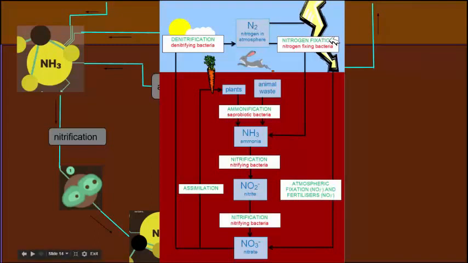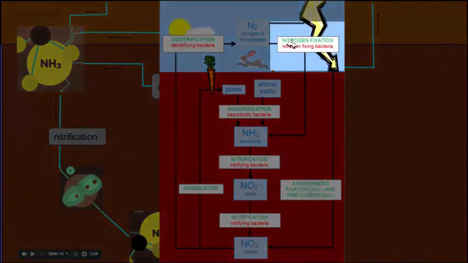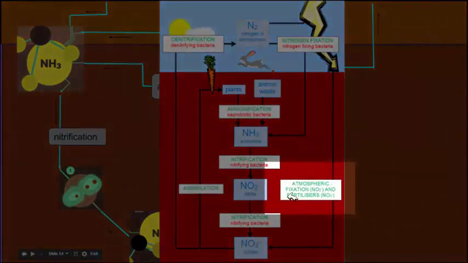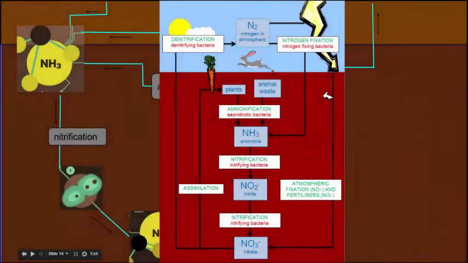Next to the bacteria, it can also be done in the atmosphere, or through fertilizers or combustion of fossil fuels. Once we have fixed nitrogen, the most common way is to have it fixed into ammonia shape, which further goes to nitrification by bacteria.